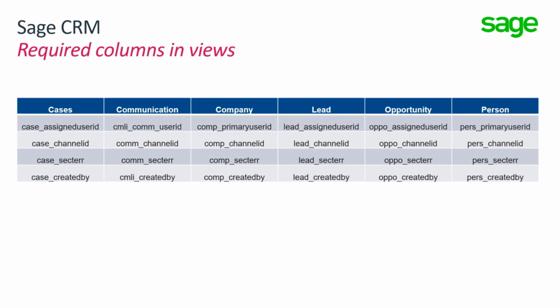But there's also more than that within the concept of the overall security policies, because we might have a rule that says a user who originally created the record should be able to see it, or if they have been assigned the record or it's in their team, they should be able to see it. And within the concept of what's called the security profile, these security policies are cumulative.